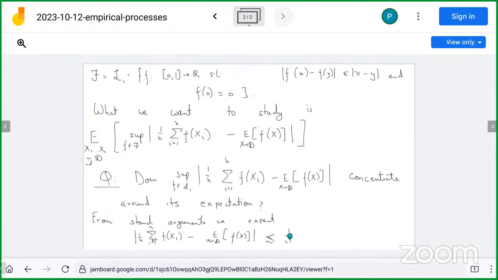If there is concentration for a single F, the probability that the inner thing deviates by epsilon is exponentially small.